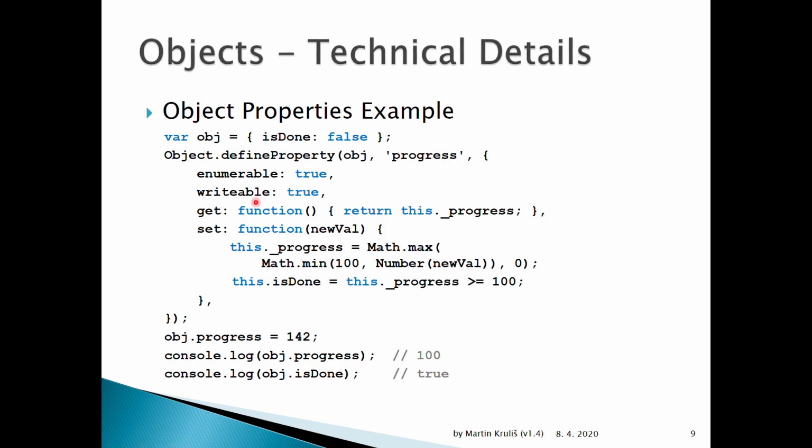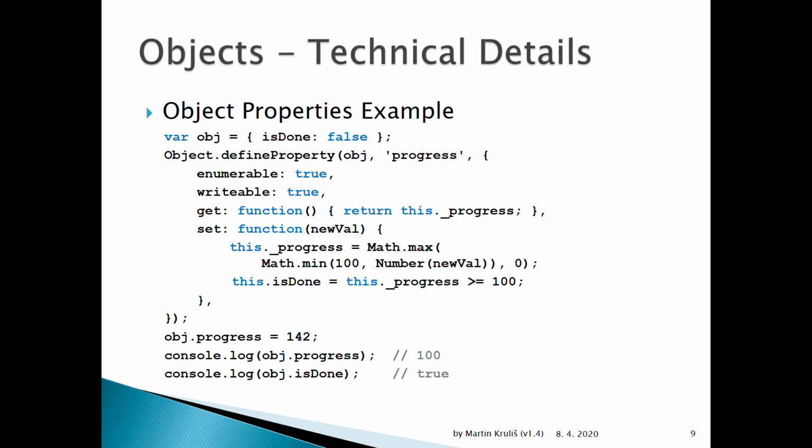When the value of progress needs to be fetched, it returns the internal _progress variable instead. When the property is being assigned, it gets a new value and provides some checking and some casting. First of all, it casts the value to a number, and this complex set of two expressions just makes sure that it stays within the 0 to 100 range.